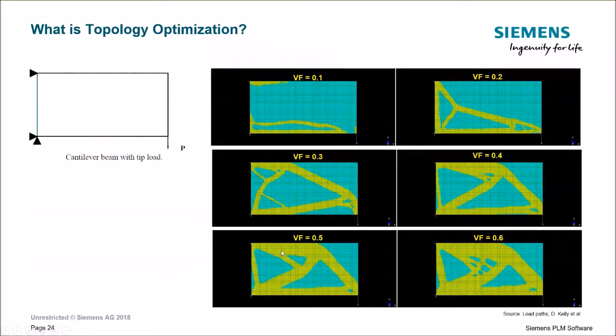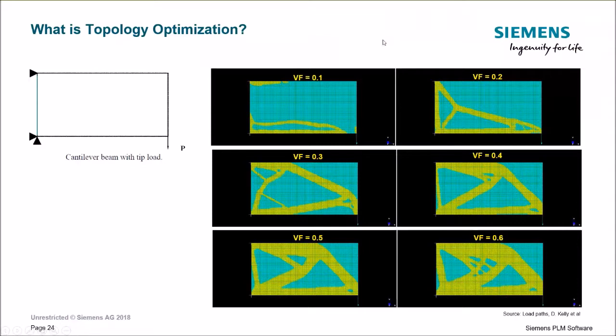Basically, what you do is you set up a problem in which you have, for instance, this cantilever beam, which is fixed on one end, and there's a force applied at the other end. And what you typically get out of topology optimization is a design that is optimized to the path the forces will undergo for the conditions you set up before.